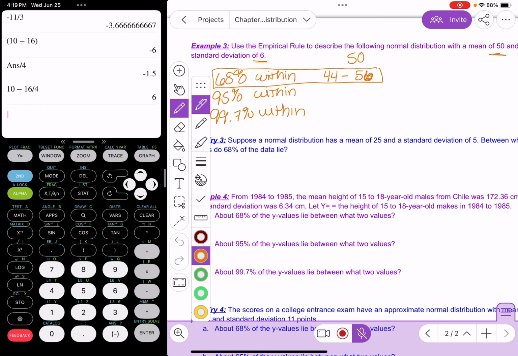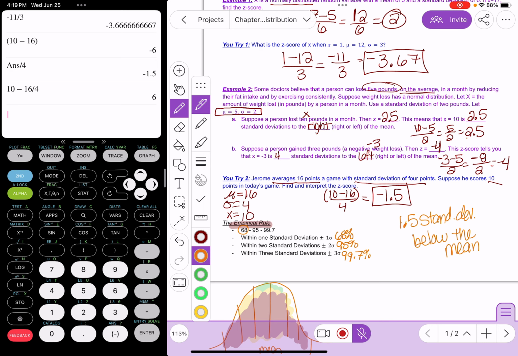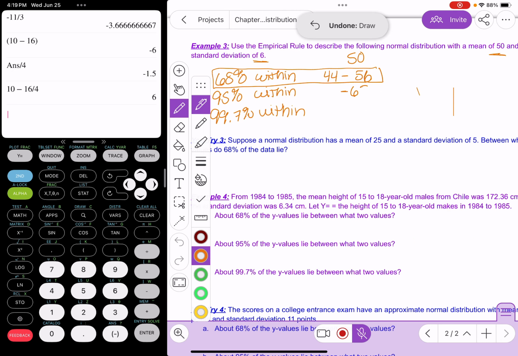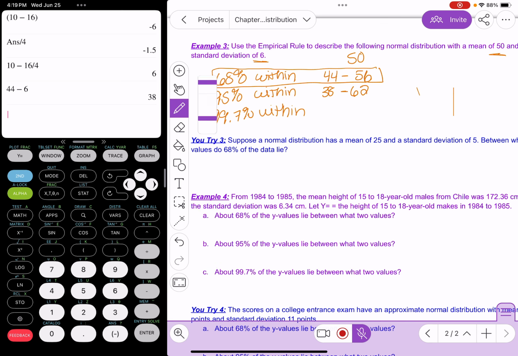Then we do it again. From 56, we go up 6 more. So 56 plus 6 is 62. And then 44 minus 6 is 38. So that range is 95% of the data.